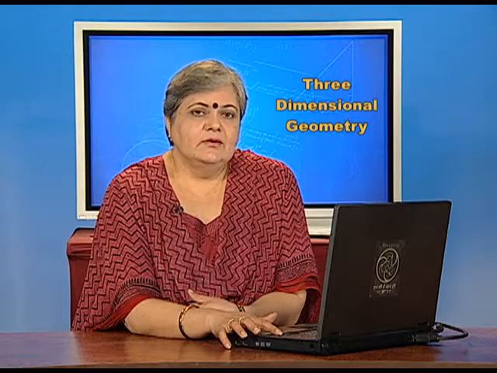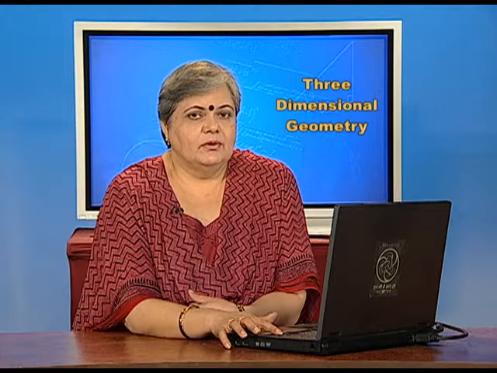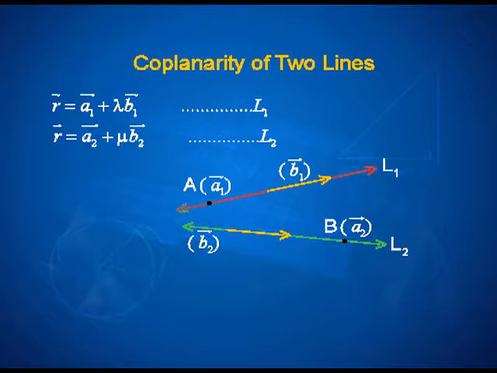From the basic vector chapter and the conditions about the cross product, we know that the vector b1 cross b2 is always perpendicular to the two vectors b1 and b2, and hence to the plane containing the vectors b1 and b2.